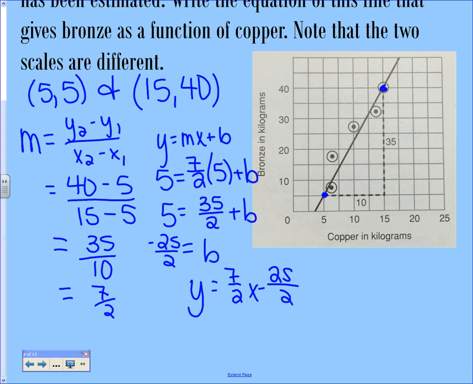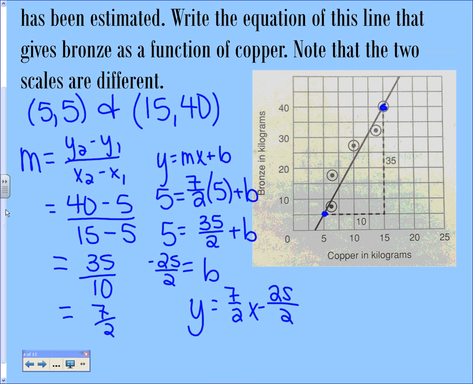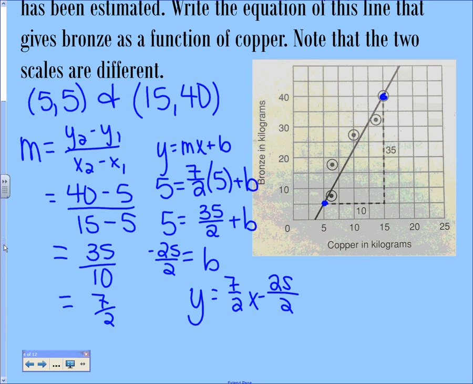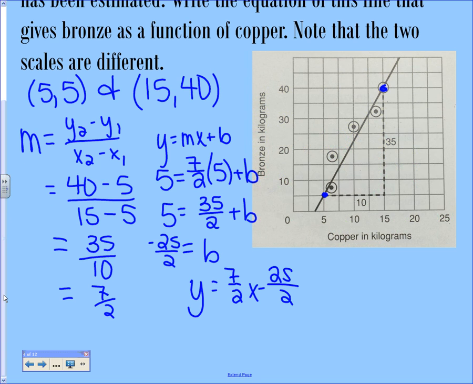However, it said write it that gives bronze as a function of copper. This is my y-axis, right? And this is bronze. So instead of y, I'm going to write bronze. I'm not going to write out the whole thing, just going to write a B for bronze. What is my x-axis? So I'm going to make it a C.